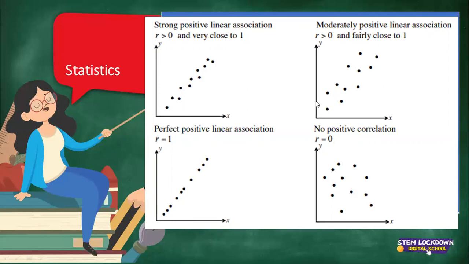If you draw your line of best fit, you will see most of your points are more scattered around it. We already said the line of best fit is the line that passes in such a way that an equal number of points are on the top and at the bottom.